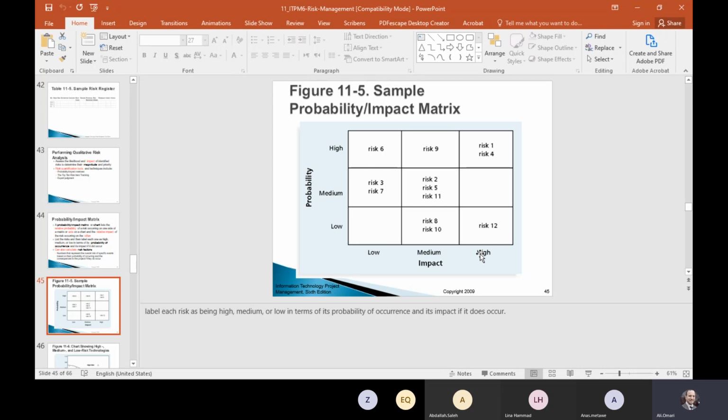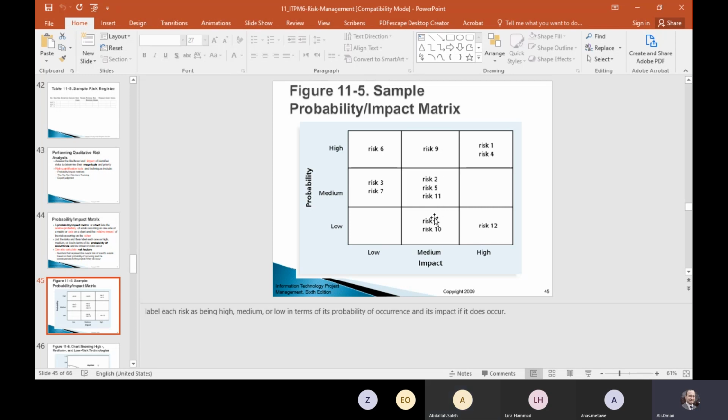And what is the medium probability with high impact? Risk 3, no, with impact, 2, 5 and 11. The medium and high, there's none. You said medium, okay, I thought medium and medium. Medium and medium, there's risk 2, 5 and 11.